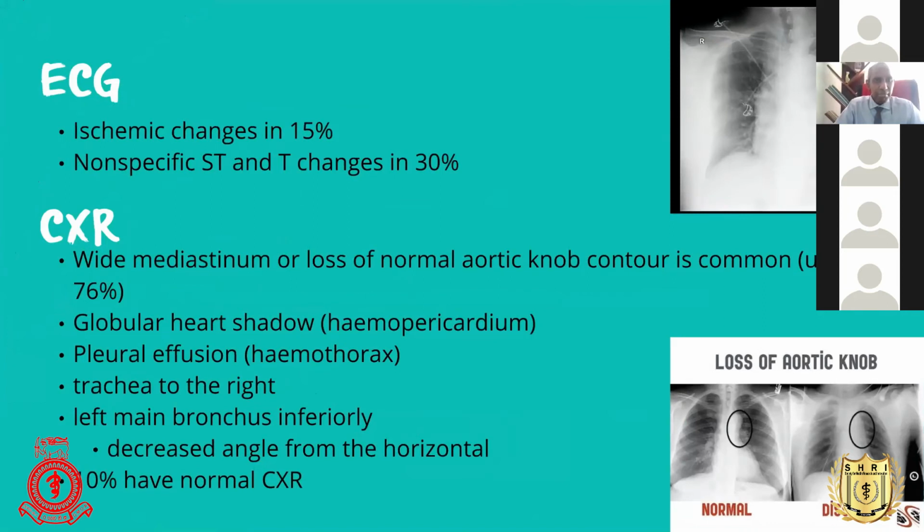ECG can have typical STEMIs, or non-specific ST or T-wave changes, and chest X-ray has multiple features like wide mediastinum, globular heart shape, and pleural effusions. The trachea can go to the right side, and the left main bronchus moves inferiorly. But about 10% might have normal chest X-rays as well.